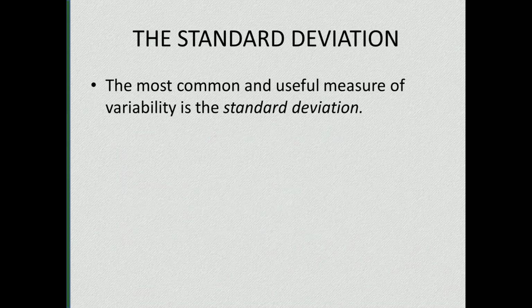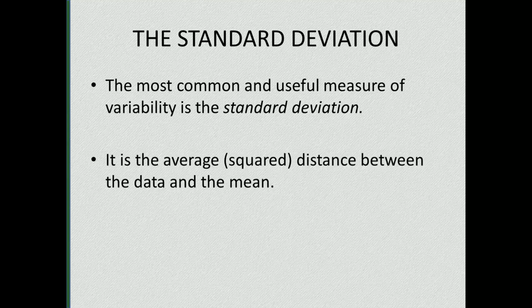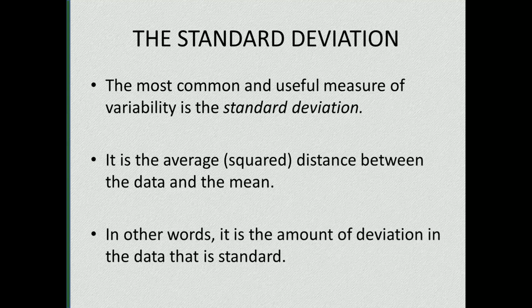The standard deviation is the most common and useful measure of variability. And it is the average of the squared distances between the data points and the mean. In other words, the standard deviation is the amount of deviation that is standard.